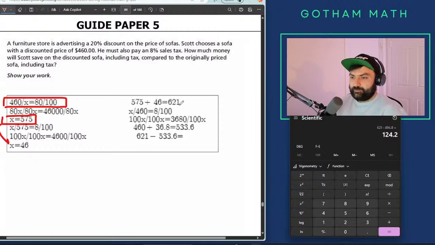Okay, so 570 plus 620. Oh, it was 621, I think. Okay, then what? Then find 8% of 460. Wait, they didn't finish. Didn't find, they did, I think. And 36. Oh, that's the only mistake here.